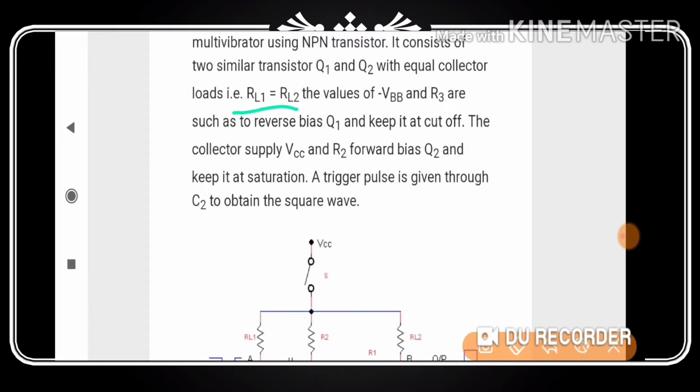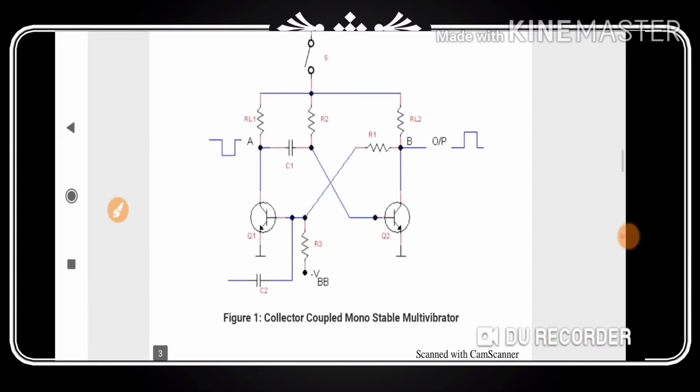The values of minus VBB and R3 reverse bias Q1 and keep it in the cutoff region.